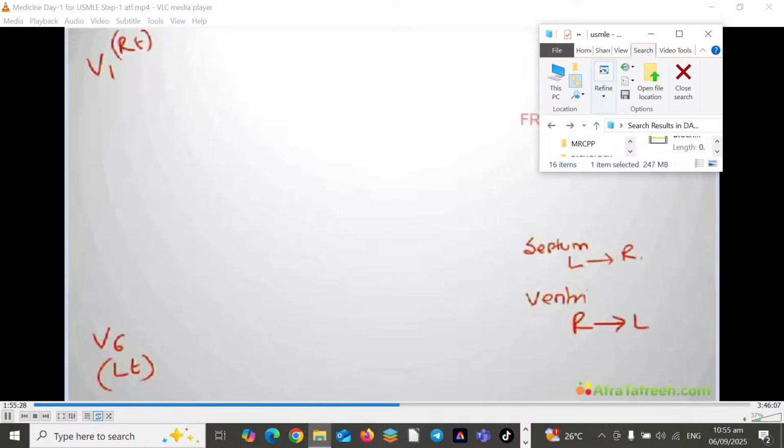Okay. Now understand this. This is your right ventricle, the thin one, and this is your fat left ventricle. As both start contracting, the depolarization of the left ventricle and right ventricle start together, but the depolarization is complete in the right ventricle earlier than the left ventricle.